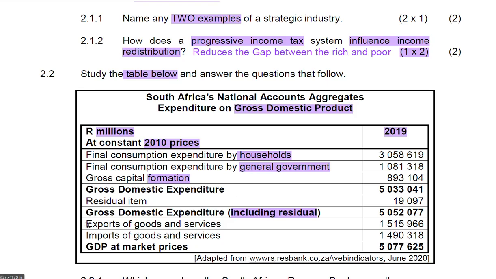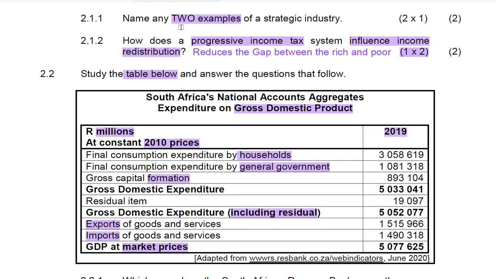And then you have export of goods, and then you have import of goods and services. And when you're looking at that, you have 1.5 million for the export, and for the import, we have 1.49 million. And then we're looking at GDP at market prices. So how do you get that? Because you need to understand how to get that.